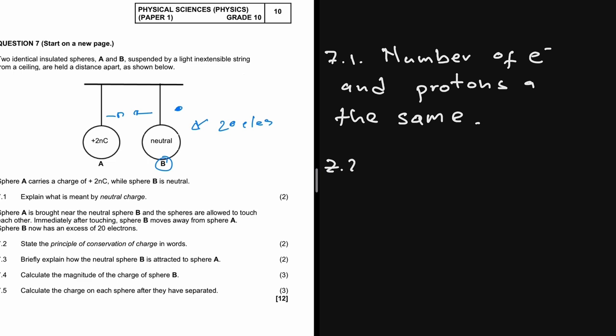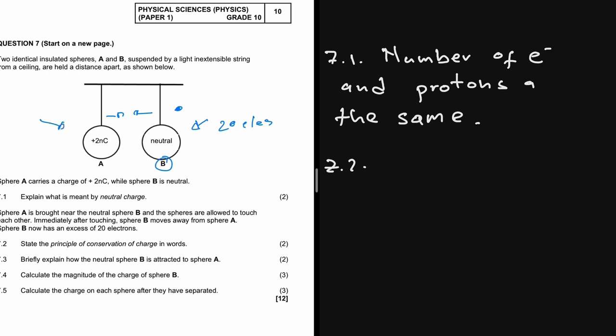7.2, they say, state the principle of conservation of charge in words. Conservation of charge means the net charge of an isolated system remains constant during a physical process. So the net charge is just going to be the same.